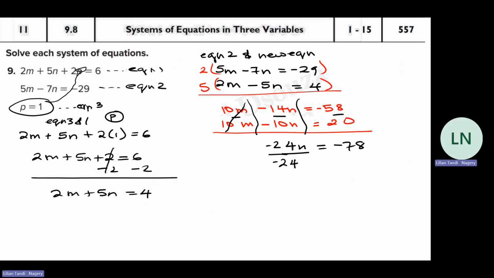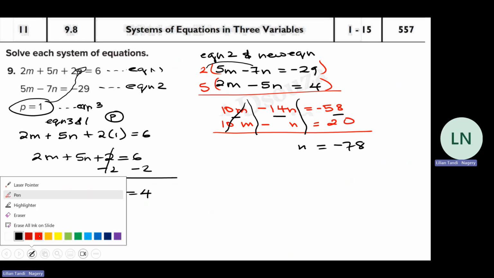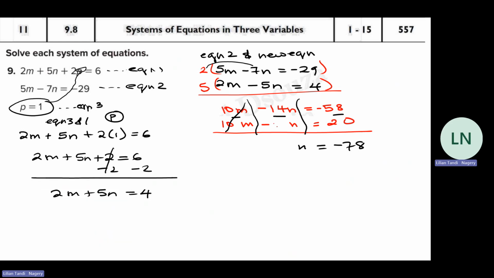I disagree. Okay, let me check my work again. Negative 14, 29, 29, 58. Okay, negative 58. See? 5 times 5 is not 10. 5 times 5 is 25.